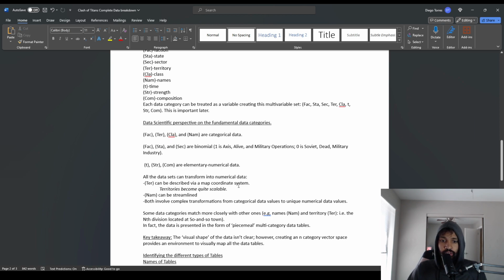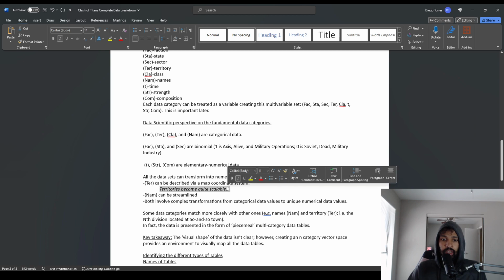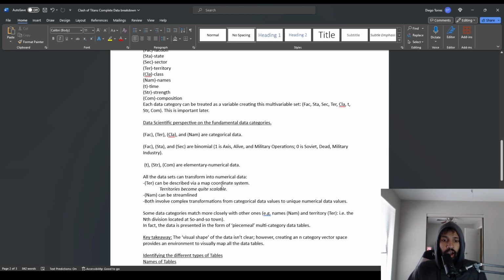The names of regions and so on. I can then convert them all into a numerical data set, and it basically allows the territories now to be quite a scalable data set, and I think that's going to add to the strength of our data when we're able to have everything numerical, as I said.